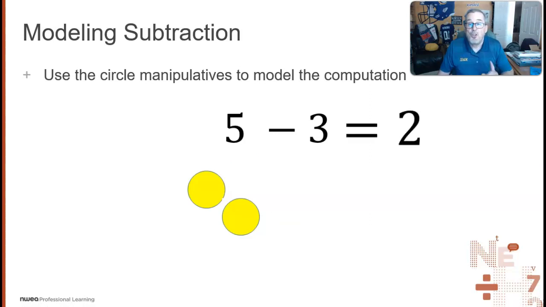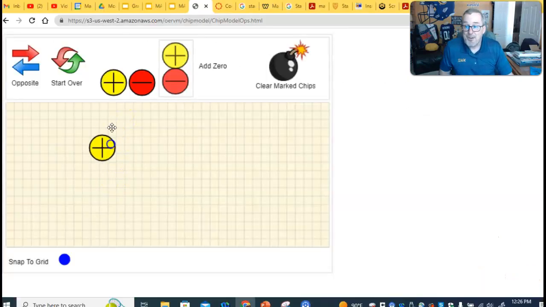Now, you should go to the little online virtual manipulative tool, pause this video, and engage in this subtraction problem just as I did. You need to go through it so you can feel the trajectory of learning. Pause and go play. So for 5 minus 3, you'd start with 5 chips.